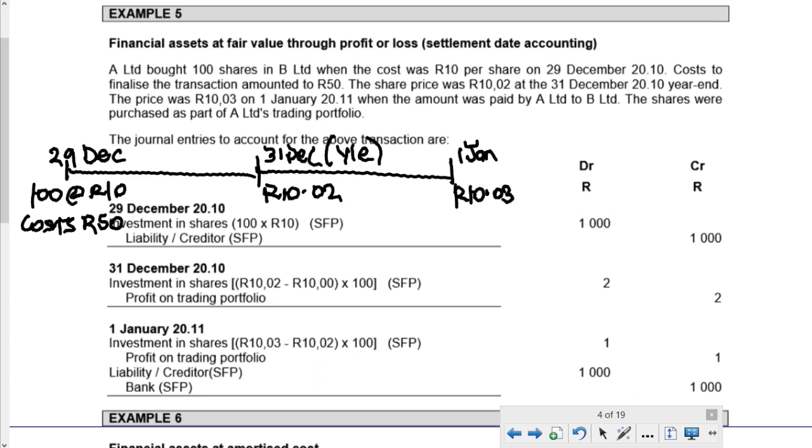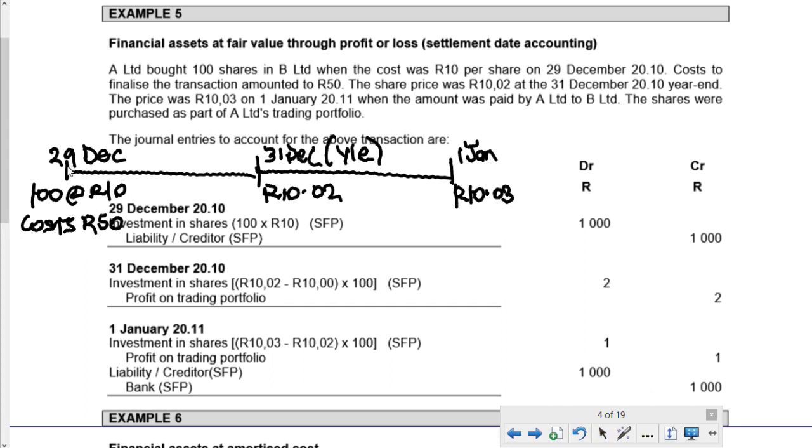And at that date, the amount was paid by A to B. The shares were part of A's trading portfolio.